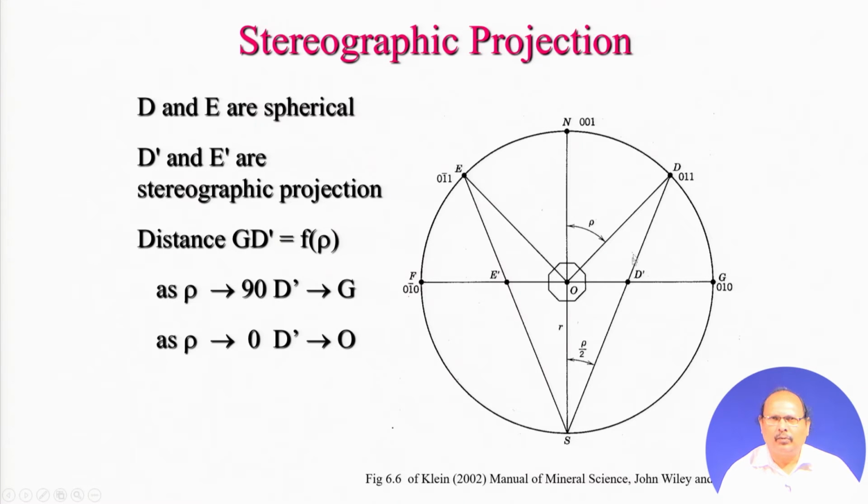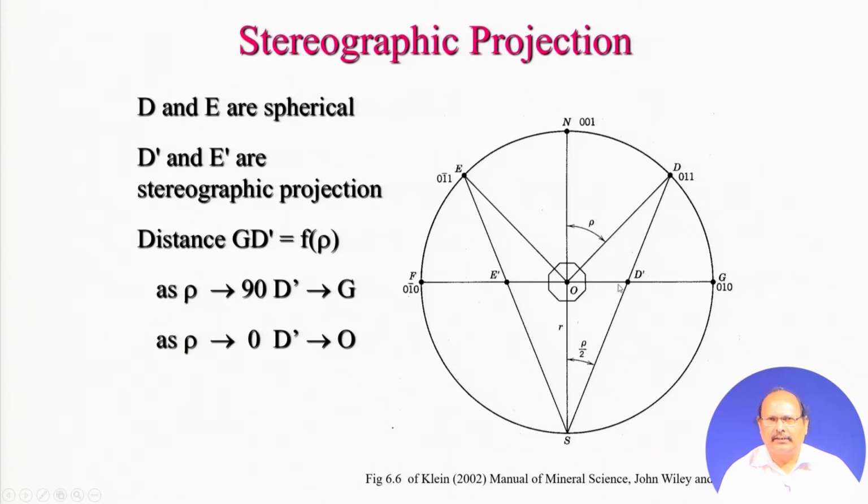So, what we have to do, the spherical projections of these poles are to be joined with the south pole here. So, these are joined and this intersects this line here, which is the projection of the horizontal plane. That intersection is this point here, that is D dash. So, D in this horizontal plane is now D dash, E is E dash.